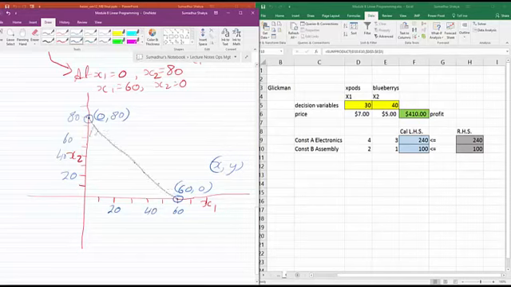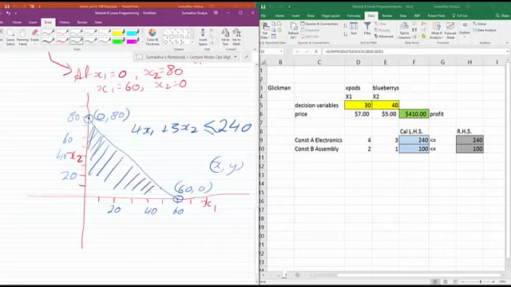then any of the area, because our equation 1 was again 4x1 plus 3x2 less than or equal to 240. Since it is a less than or equal to, that means anything less than or towards the origin, all of this triangle, any combination of x1 and x2 will give us a profit.